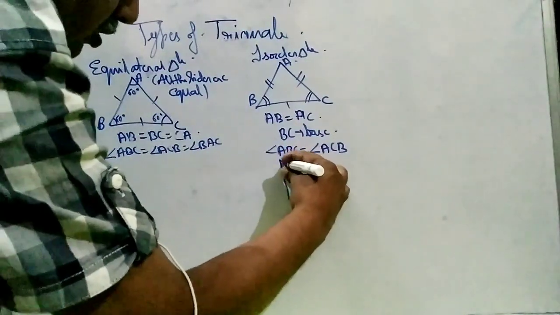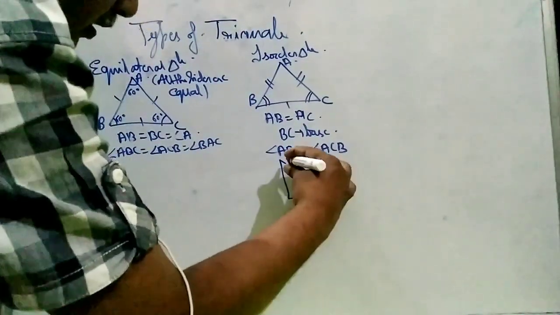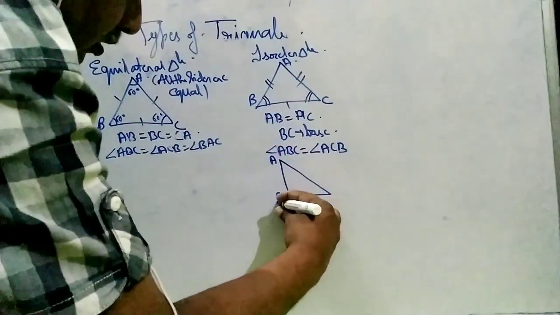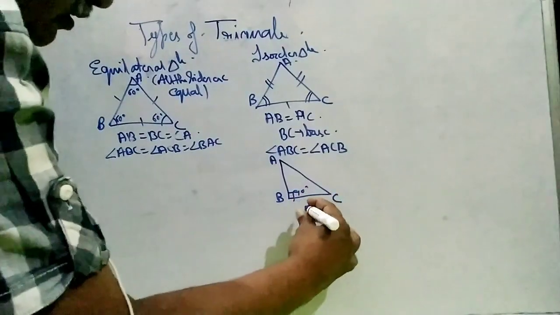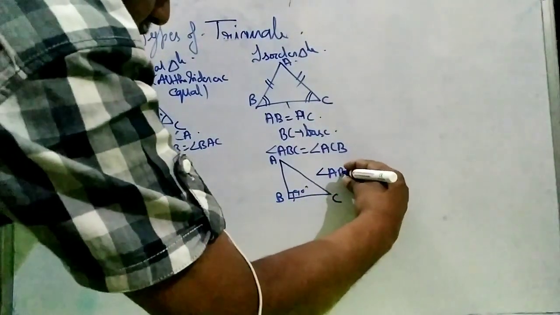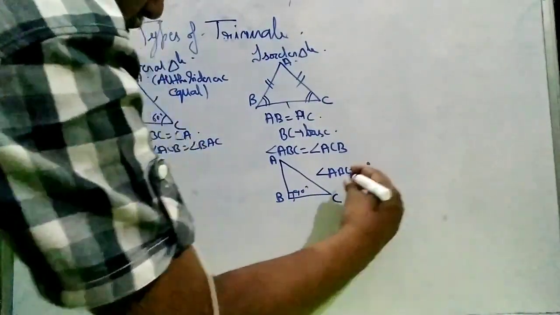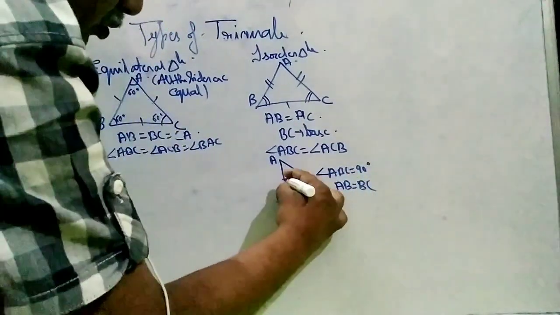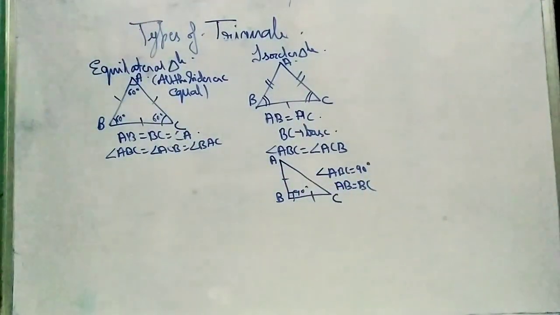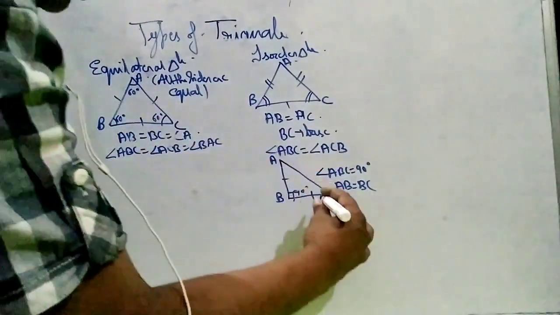Then, in the same isosceles triangle, there is one more triangle, which is called as right angle isosceles triangle. A, B, C. It means one angle is of 90 degree. In this, angle ABC is equal to 90 degree, in which AB is equal to BC. These two sides are equal. It means that the angles opposite to them are also equal.